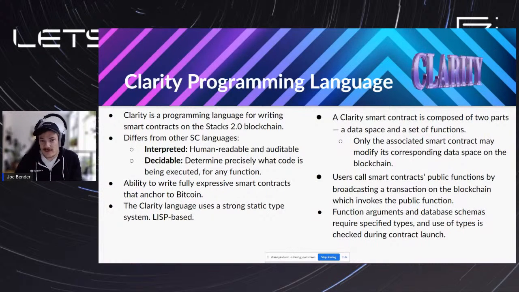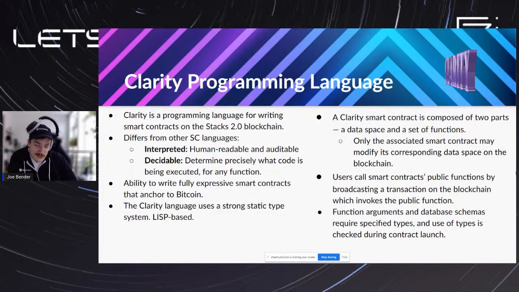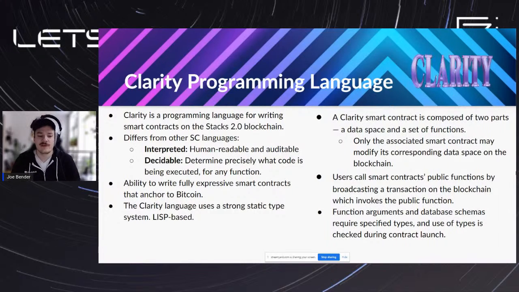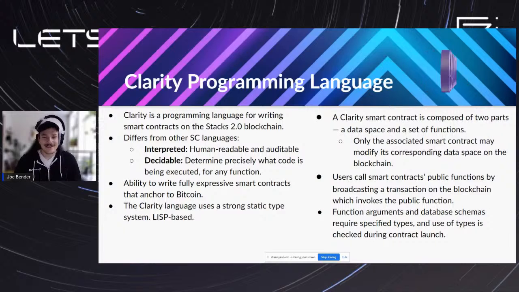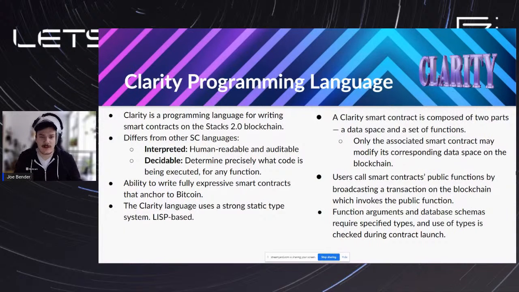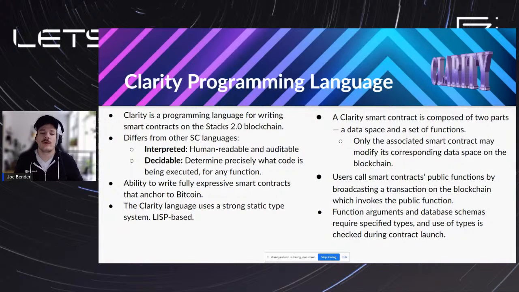That can be good in some aspects. It allows you to loop in certain nuanced situations, but Clarity is deliberately not Turing complete. And while you lose some functionality like looping, you gain so much security and predictability.